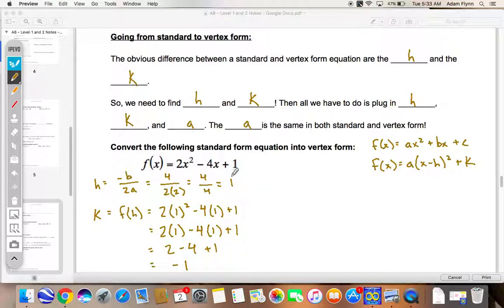So I have my h, I have my k, and I have my a, which is just this 2 right here from my original equation. So for vertex form, I'm just going to plug everything in. So my a is 2, x minus, my h is 1, don't forget the squared, and then my k is negative 1.